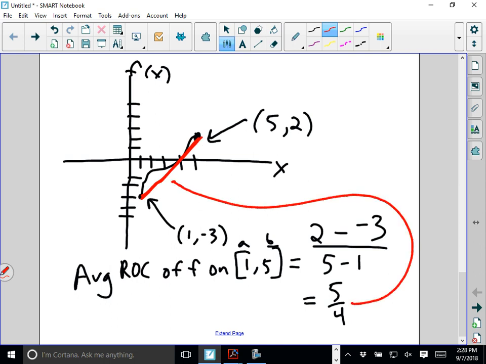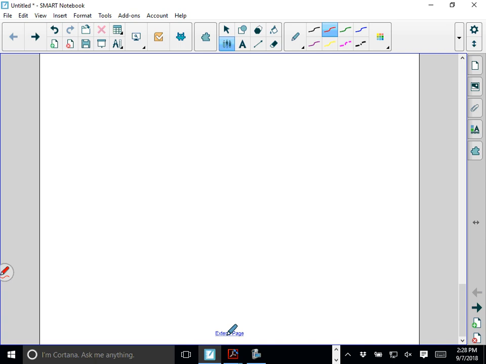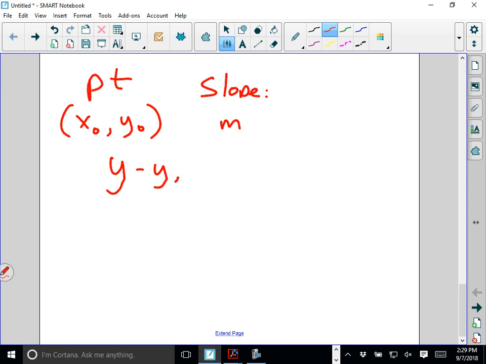Okay. The last thing I want to look at, and we'll wrap this thing up, is very simple. How do we write an equation of a line given a point and a slope? If we have a point that we call x naught, y naught, and we have a slope that we're just going to call m, our formula that we go to right away is y minus y naught equals m times x minus x naught.